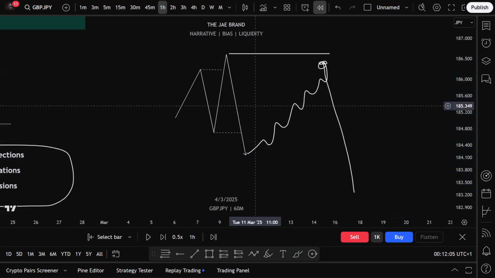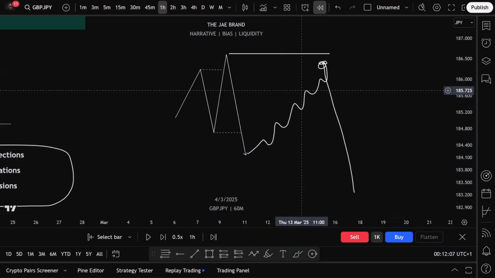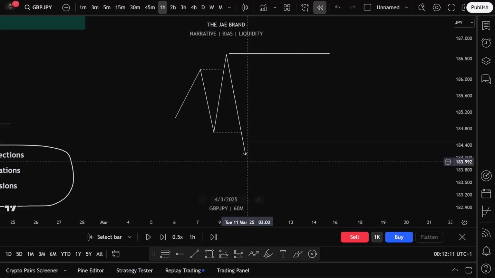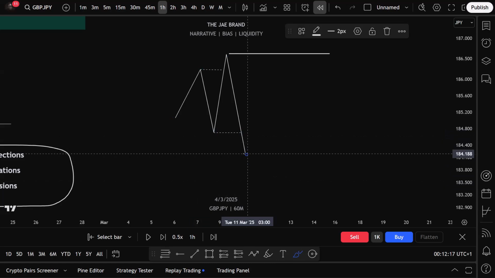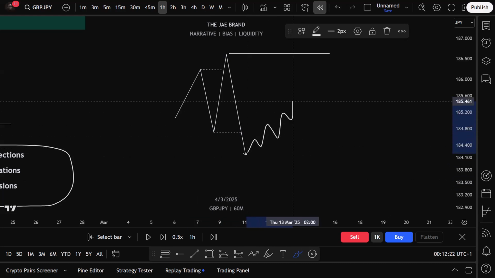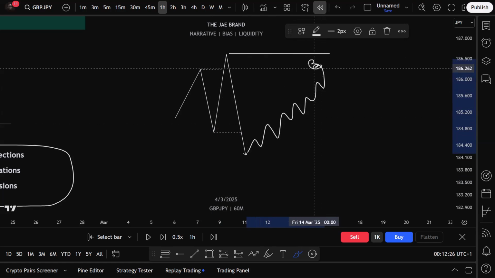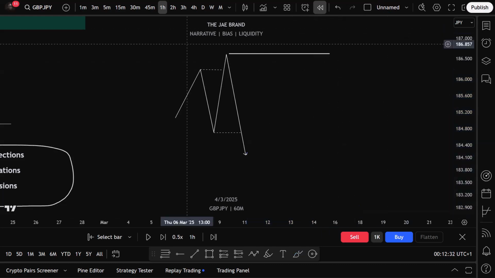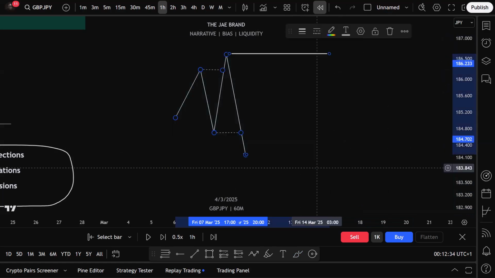So this is everything about transactional liquidity. It is safe to say that when price takes out transactional liquidity, you can look for buy opportunities into that premium area, before price sells off from the premium area. It's as simple as ABC.